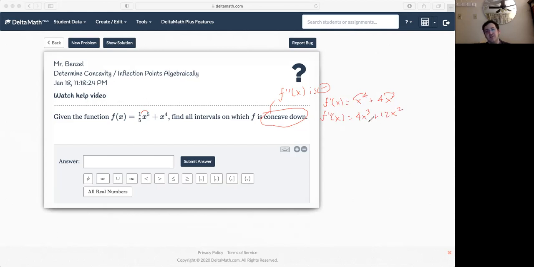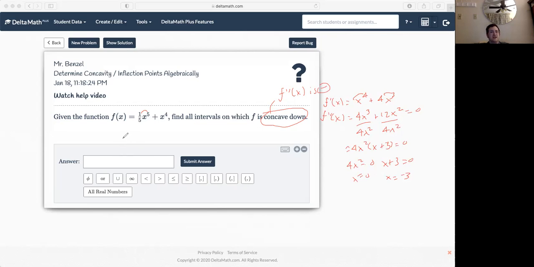I'm going to suggest that you pull out a GCF at this point. So there's a 4 and an x squared. When I do that, I get 4x squared times x plus 3. So I get x equals 0 and x equals minus 3.